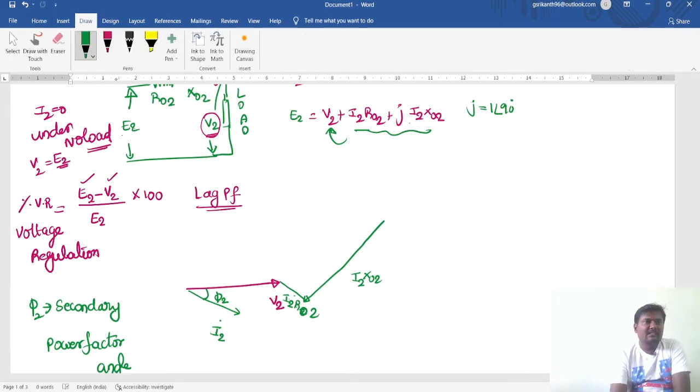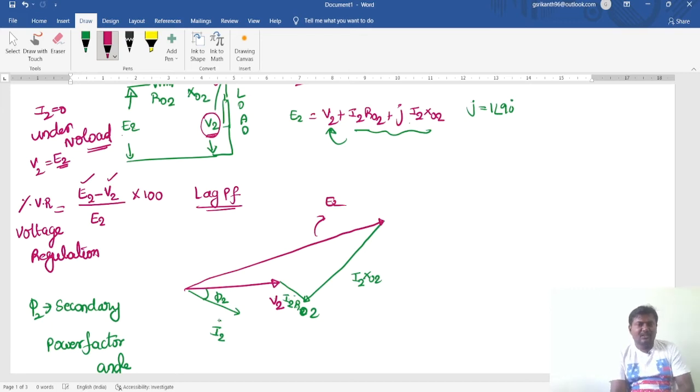By adding these values, I get E2. Again we will check it. E2 is equal to V2 plus I2 R02 plus I2 X02.